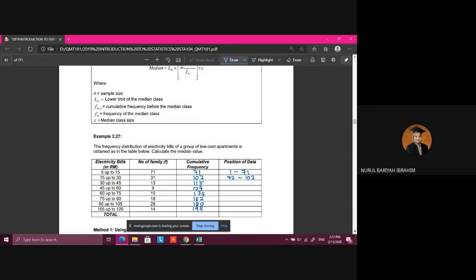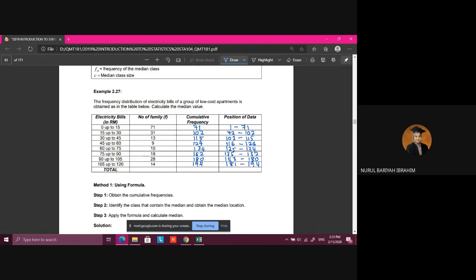The next one is simply 103 until 115. Because we have calculated the cumulative frequency earlier, it is easy for us to get the position of data. 125 until 134. 135 until 152. 153 until 180. 181 until 194. This is which class each position of data belongs to.